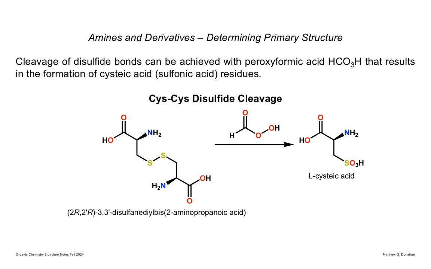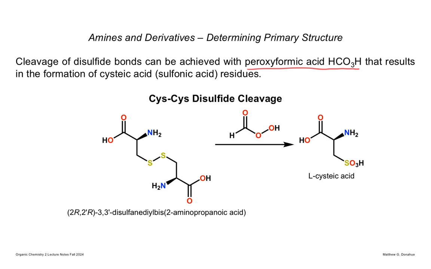So cysteine will form that sulfur-sulfur sigma bond with the presence of oxygen and air pretty readily. But again, OH hydroxyl groups do not do that readily. So the chemical method of cleaving that uses peroxyformic acid. So the structure is shown on the arrow.